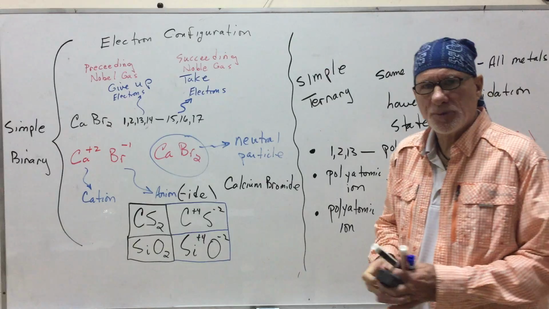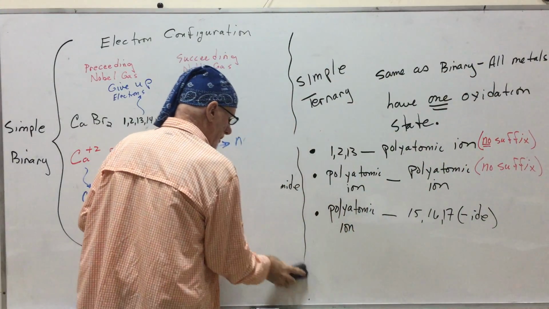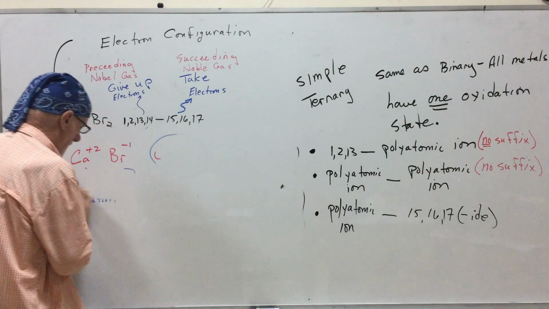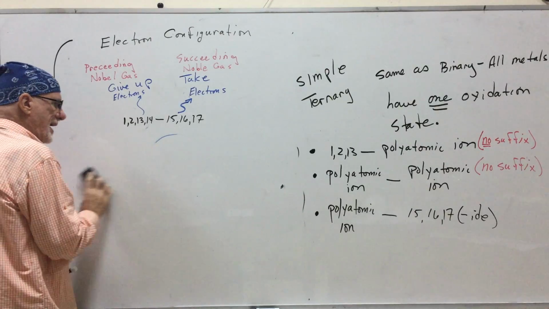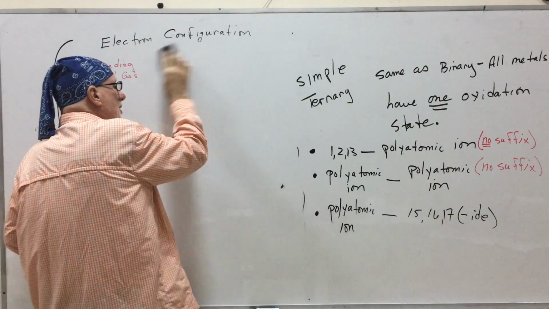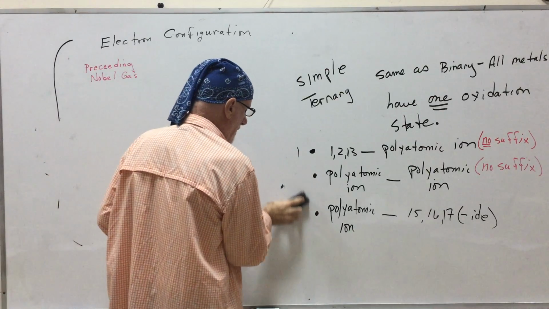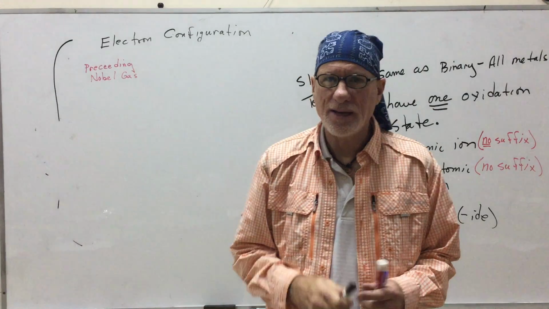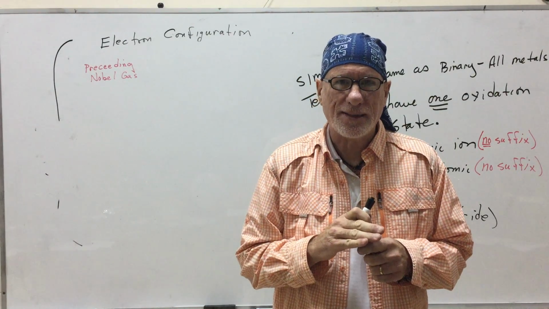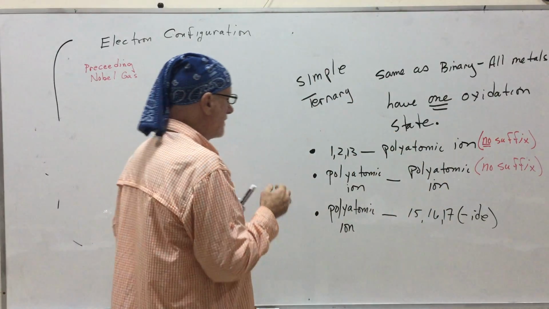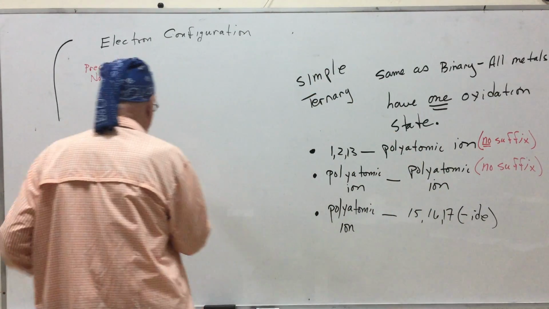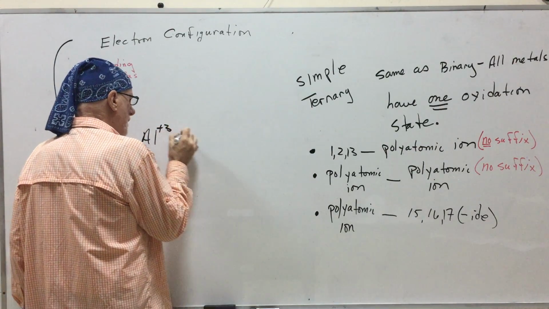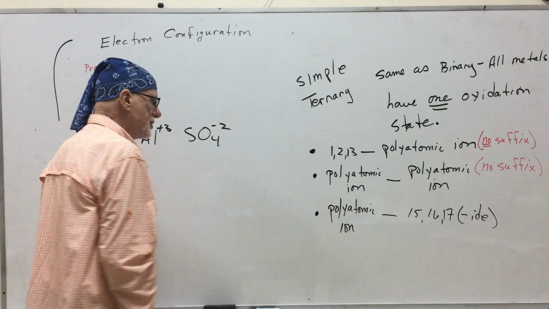Let me explain. Let me erase some of this here, okay? And I'll give you some quick examples. Remember, you're using polyatomic ions, and the polyatomic ions are on your polyatomic ion sheet, not on the periodic table. Many of you look for the polyatomic ion on the periodic table, they're not there. Okay, so for instance, 1, 2, 13. So let's say aluminum plus 3 and sulfate minus 2.